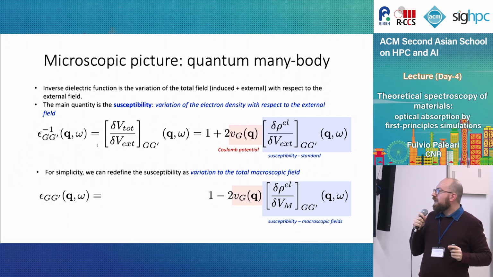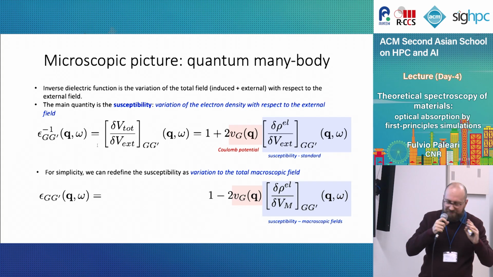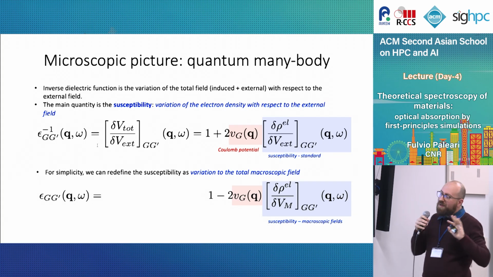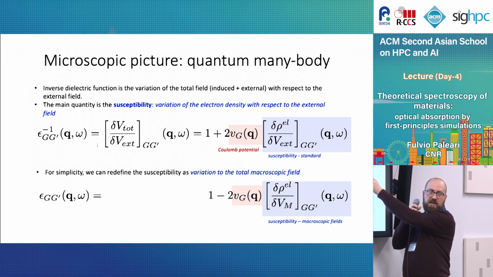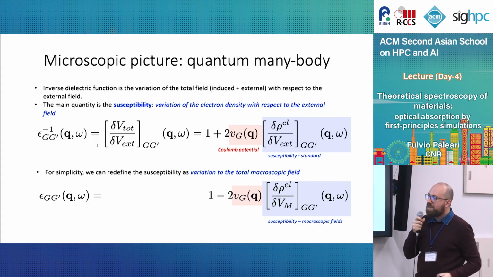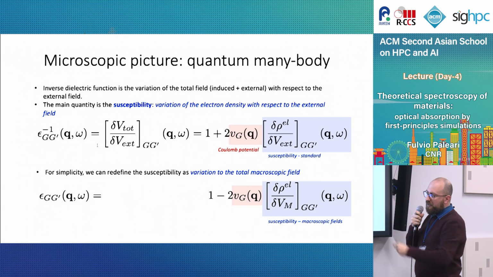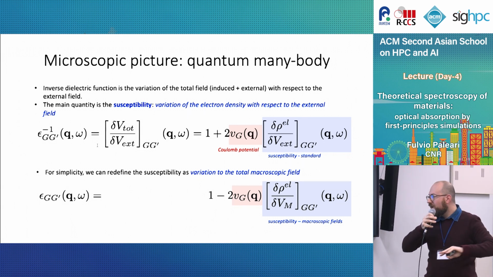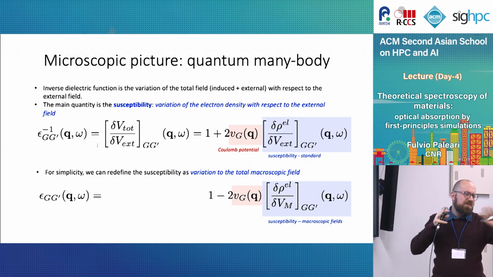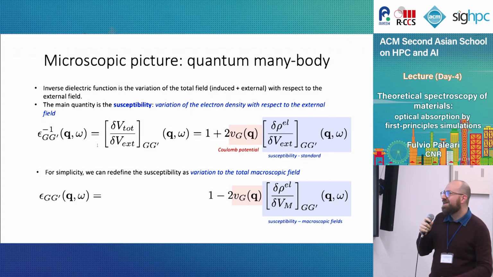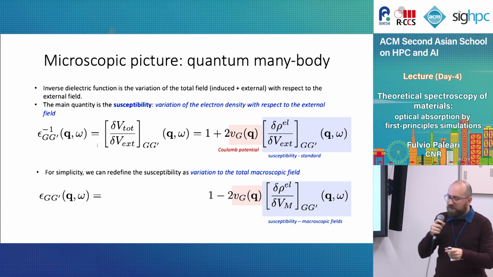And for the sake of simplicity, we will make a slight redefinition of the susceptibility. This is what you find in textbooks. We will use this one, that is the variation of the electronic density with respect to all macroscopic fields, both external and induced. You don't have to worry too much about this. Let's just say they are equivalent up to a certain point.